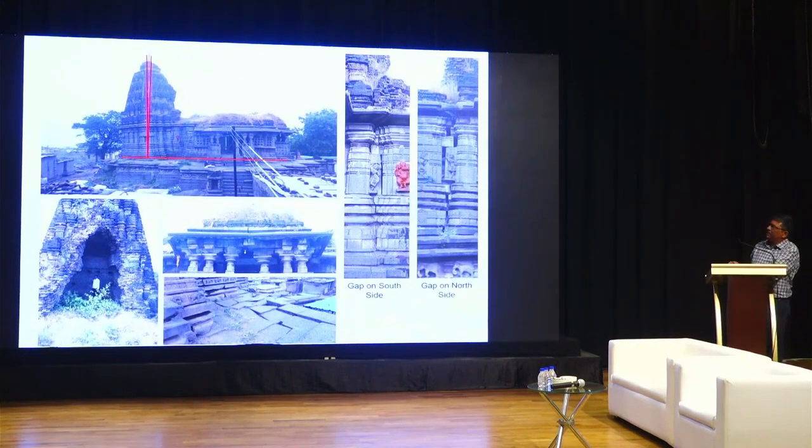The shikhara has tilted 6 degrees, and we can see the entire gap at the antral level. So in the antral and garbhagriha, you can see the gap formation, and visibly during the 5 to 6 years we were doing this project, we saw that the gap has increased.